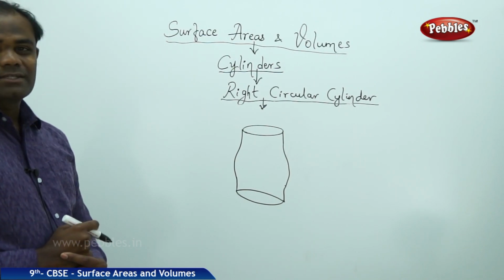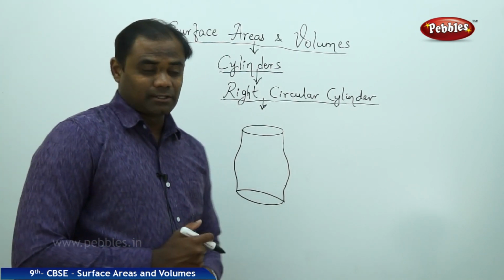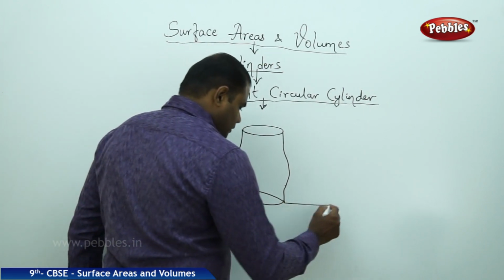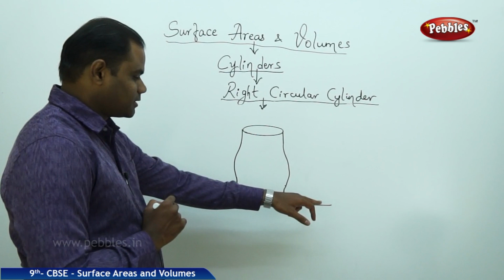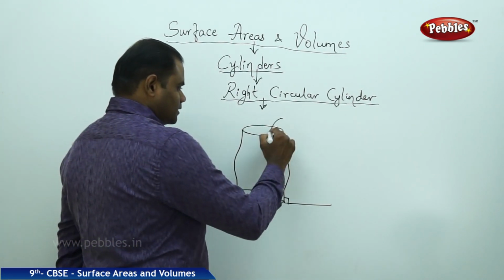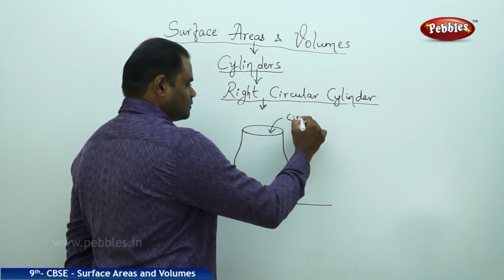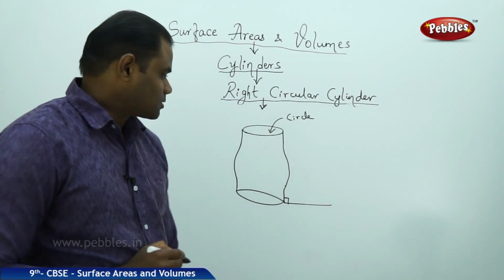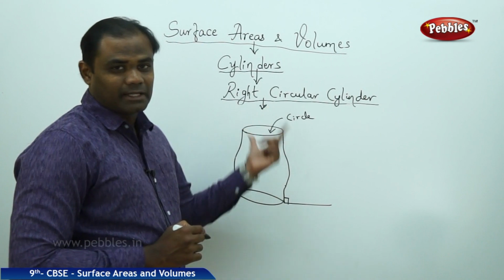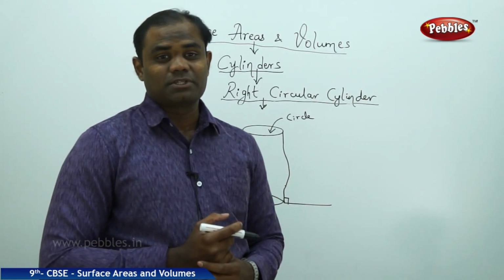This seems to look like a cylinder, but this is not right circular, though it is 90 degrees from the ground, and though I see this as a circle, still I say this is not a right circular cylinder, because each of the circles as constructed in the cylinder are not of the same size.